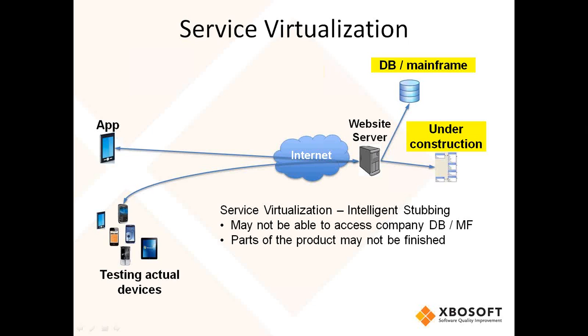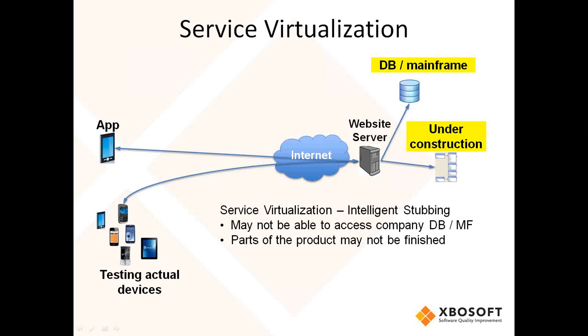So what you have to do is some intelligent stubbing. You have to write some code that will simulate or emulate what the database returns. And if there's a time delay, you have to put that in there also.